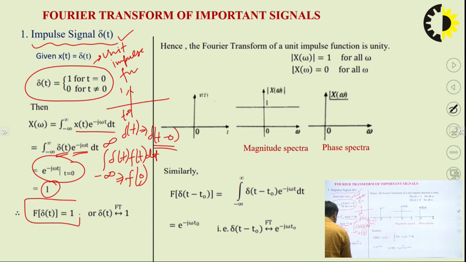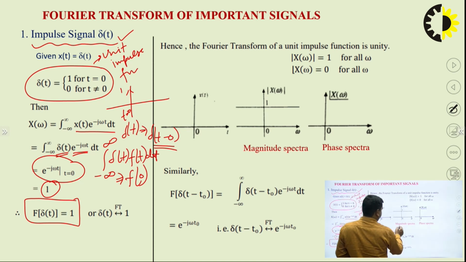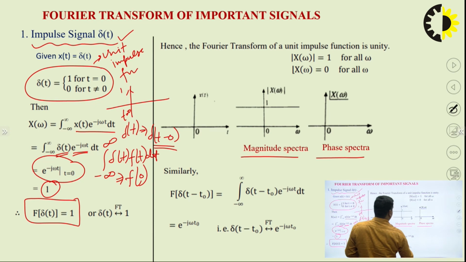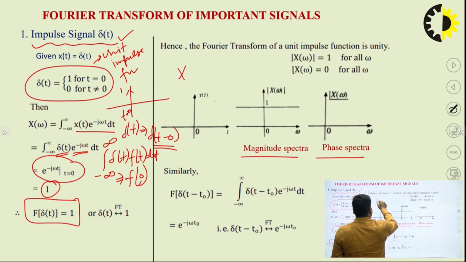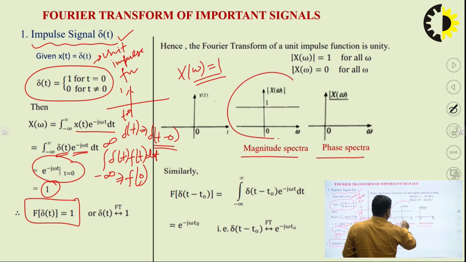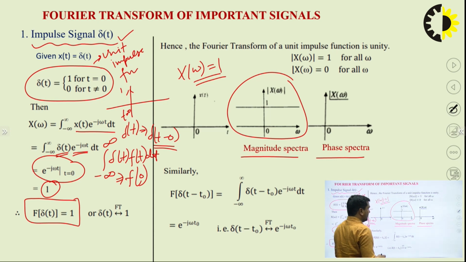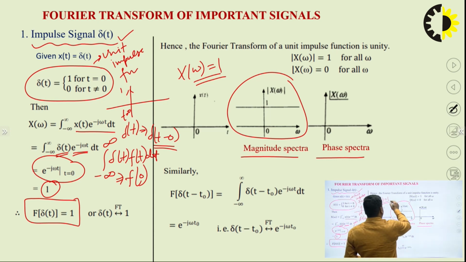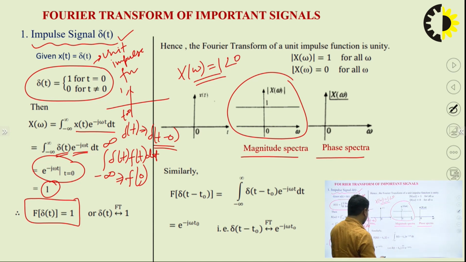So the Fourier transform of the impulse function becomes 1. Here we can see the magnitude spectrum and phase spectrum of X(omega). What is the value of X(omega)? That becomes 1 and angle 0. So here it is the magnitude spectrum of this particular Fourier transform, and here it is the phase spectrum, meaning it has angle 0.